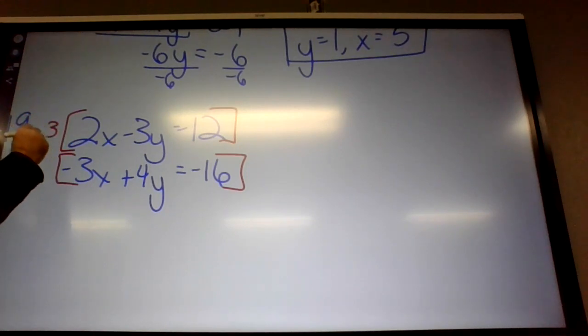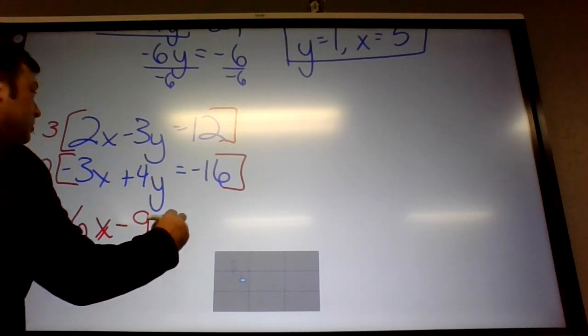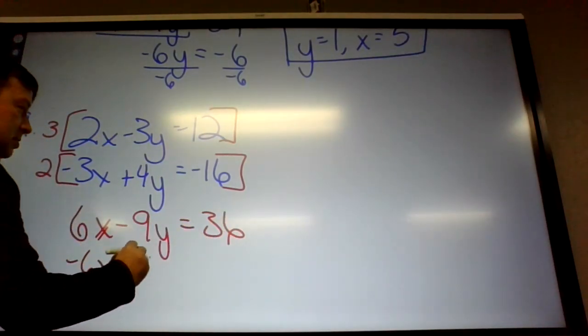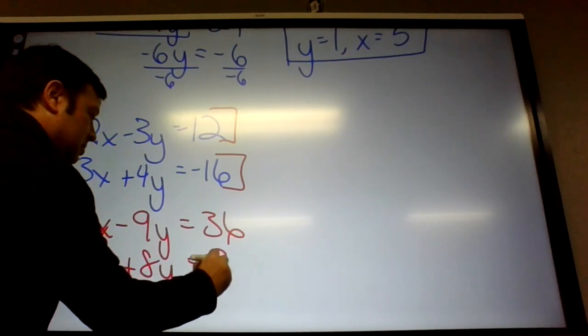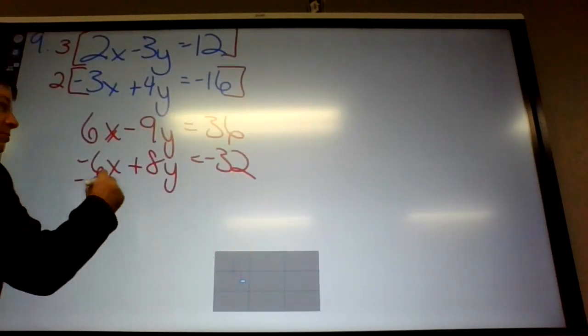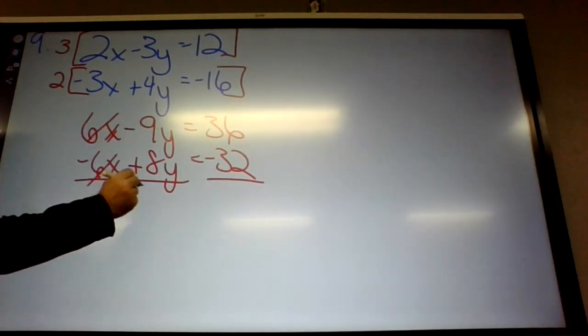So I'm going to multiply the top line by 3 and the bottom line times 2. Alright, add them together and the x's go away.